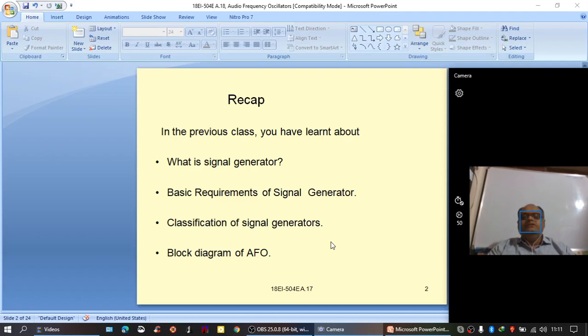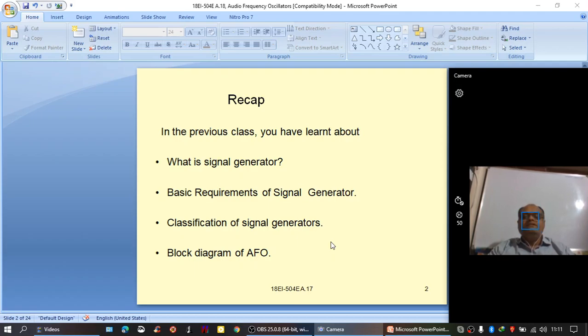Then the block diagram of an AFO, that is the audio frequency oscillator, consists of one oscillator. It can be an audio oscillator made up of RC phase shift circuit or Wien bridge circuit. But Wien bridge oscillators are widely used because they produce very high frequency stable signals.